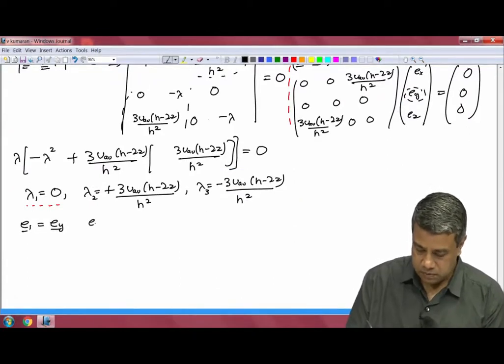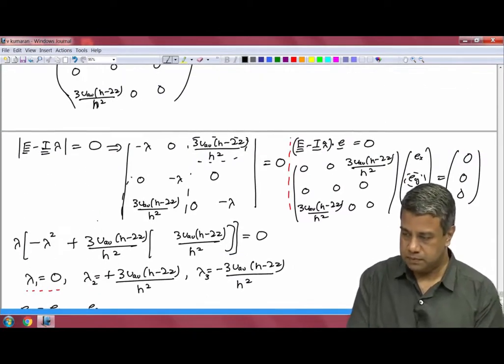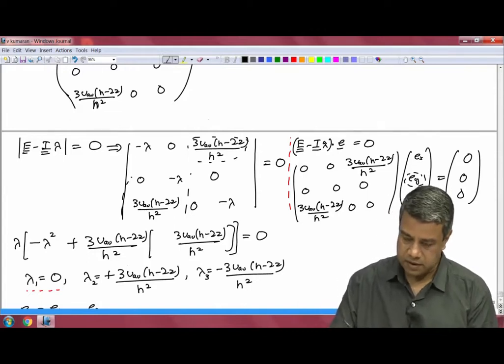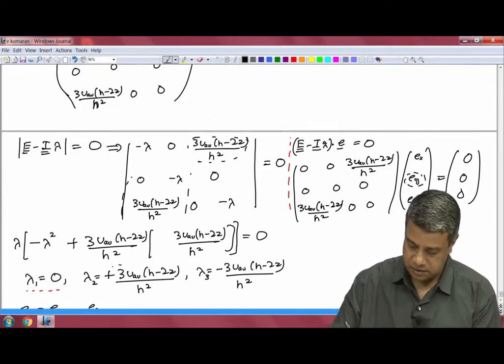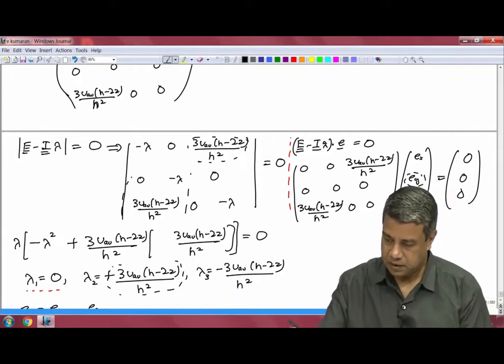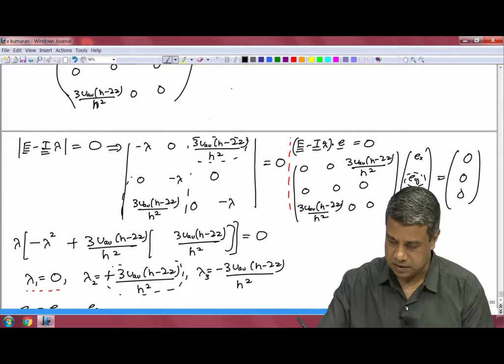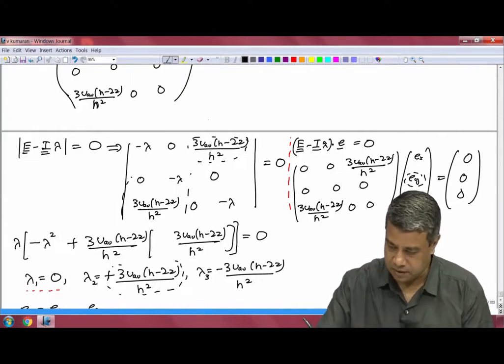E2. Now, here I have to substitute this for the eigenvalue. So, this equation now gets modified.